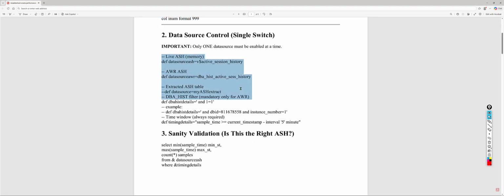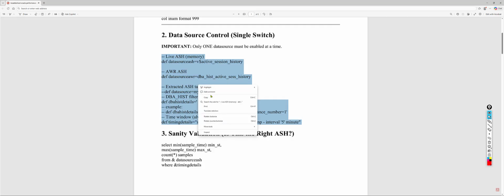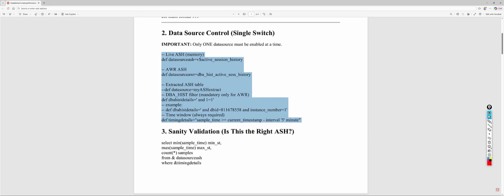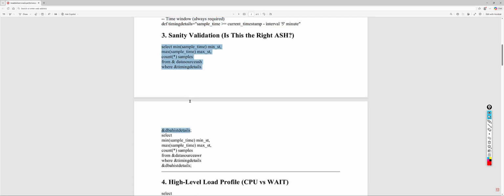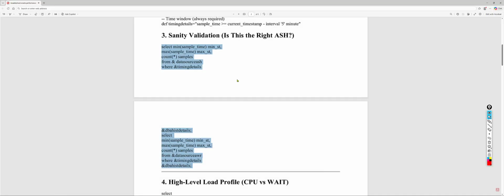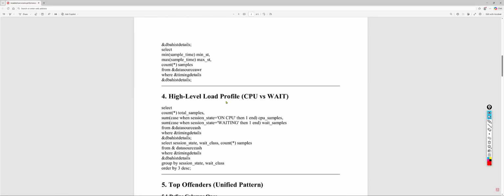Now we are going to set the definitions before we use the queries. The first query that we are going to use is to make sure that all the samples are collected. We are just making a sanity validation.